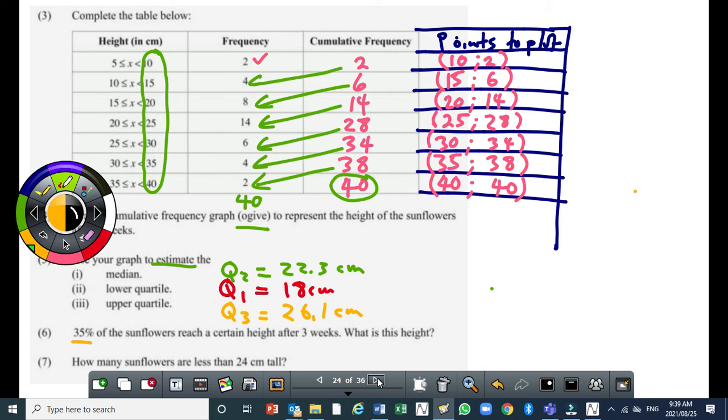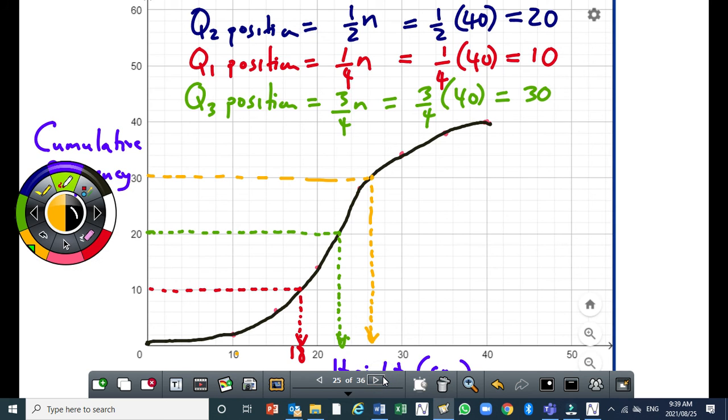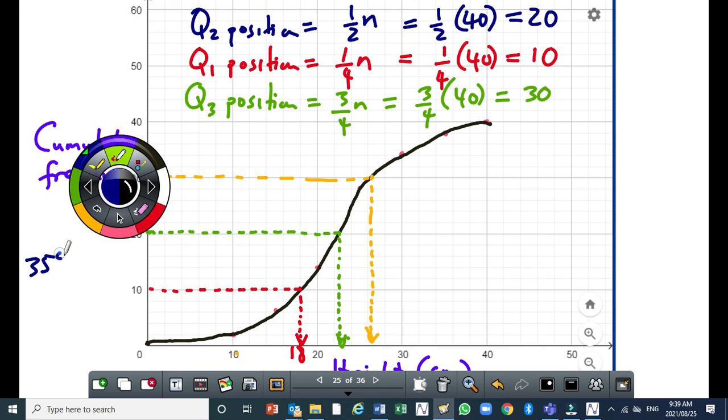So you need to find 35% of the total. What is the total? 40. So you do a calculation: 35% times 40. What answer do you get? 14. Now this 14 here is not the height. It's the cumulative frequency.